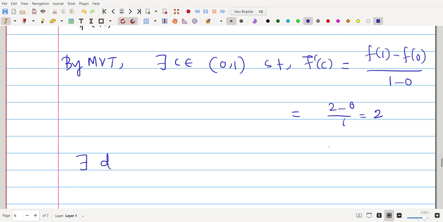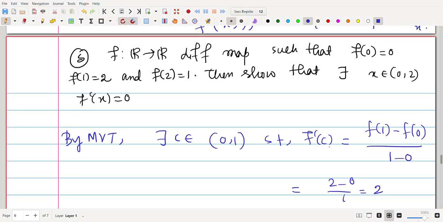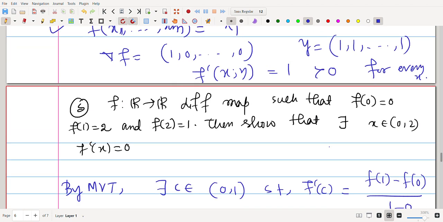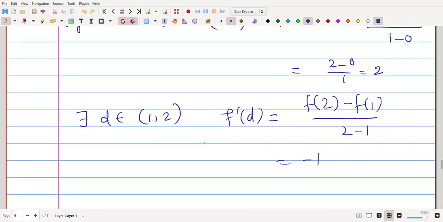And there exists some d in (1, 2) such that f prime of d is (f(2) minus f(1)) by (2 minus 1). f(2) is 1, f(1) is 2, so it is minus 1.